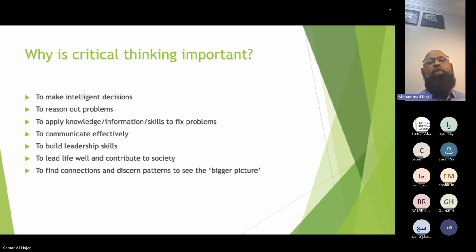It also helps in finding connections and discerning patterns to see the bigger picture. For example, if someone is teaching grammar, instead of telling the rules, you can introduce a paragraph where your focus is a particular tense, maybe simple present. Then you ask your students, look at the sentences.